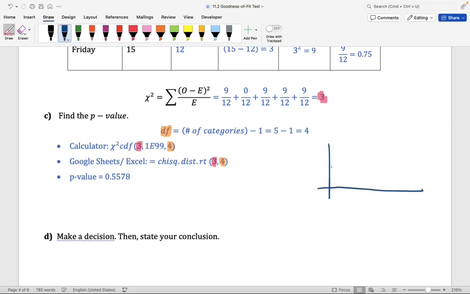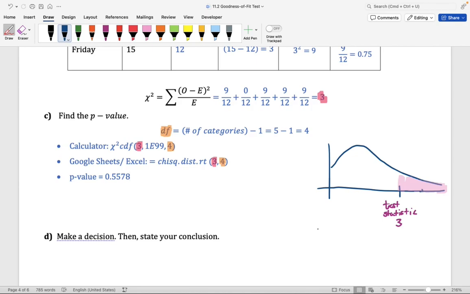Perhaps we should go ahead and visualize what we found. Our test statistic here is 3. The p-value represents the area above that test statistic. And remember, the test statistic here represents how far the observed data deviates from what we were expecting to see according to the null hypothesis. Okay? So again, the expectation was made assuming that the null hypothesis was true.